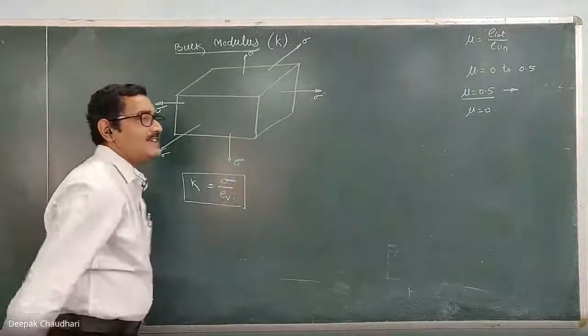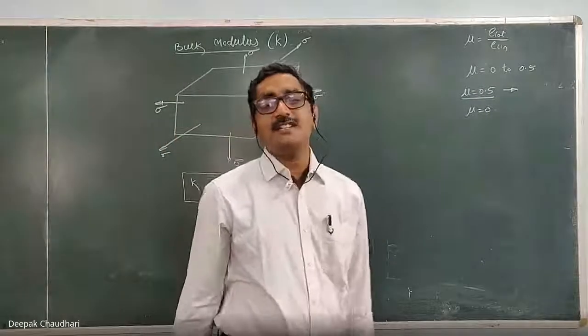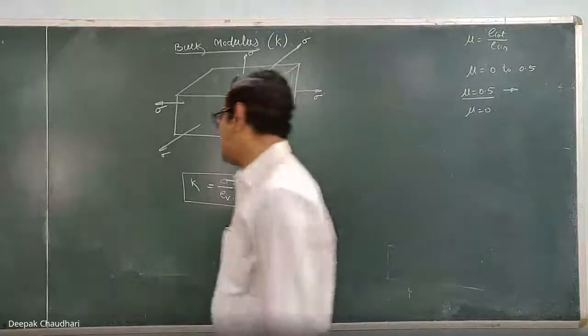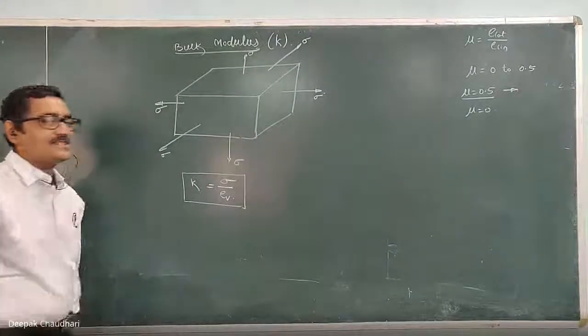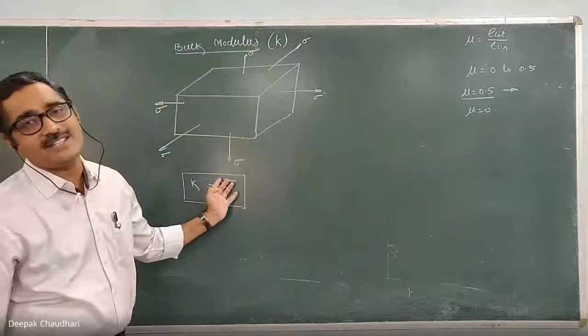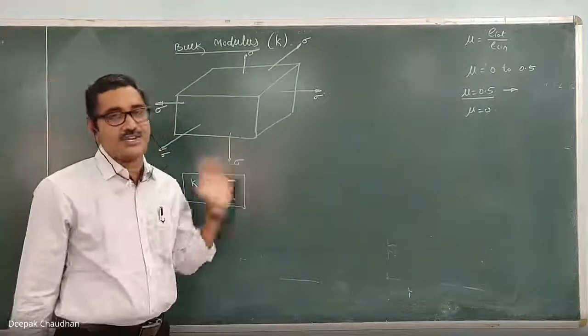It is also one of the elastic constants, and we can say that it is a property of the material. So how can we define the bulk modulus? The bulk modulus is the ratio of direct stress to the volumetric strain.